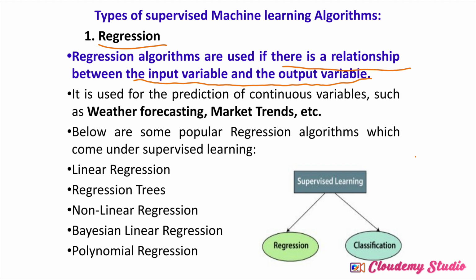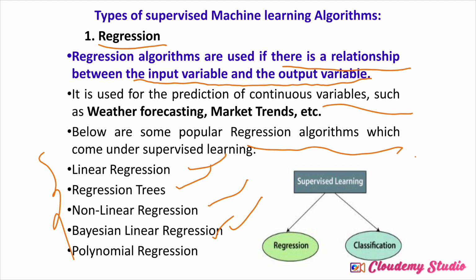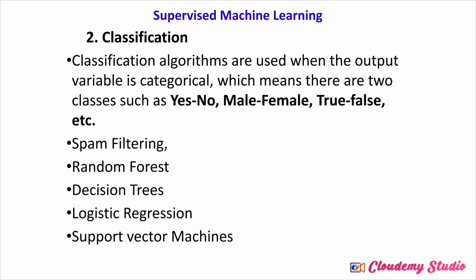There are some applications where we are using this, like weather forecasting and market trends. There we are using regression algorithm. Below are some popular regression algorithms like linear regression, regression tree, non-linear regression, Bayesian linear regression and polynomial regression. So these are some of the regression techniques or algorithms.